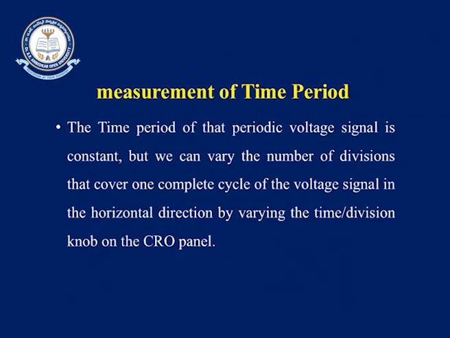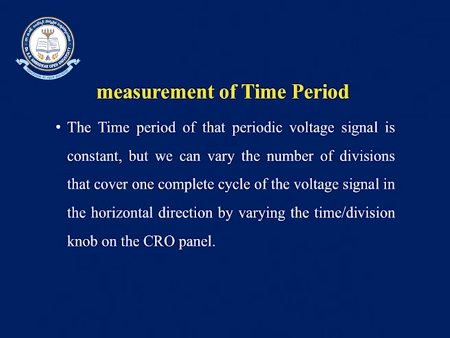Next is the measurement of time period. This is also the same. The voltage signal is constant, but we can vary the number of divisions covered by the complete cycle. The cycle means the wave that you observe.